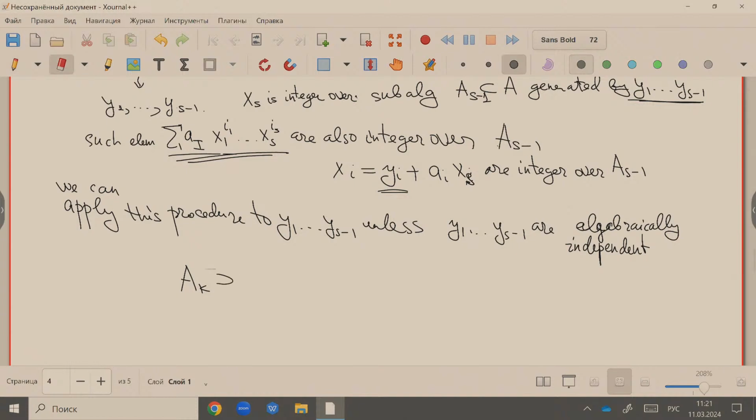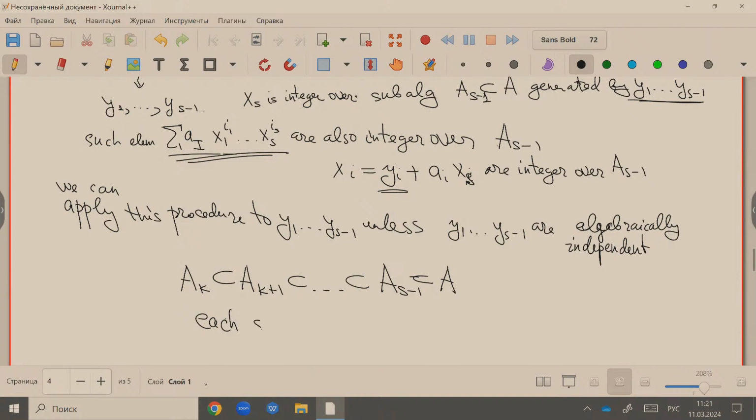It is contained in Ak plus 1, etc., in As, which is in As minus 1, and that is contained in A. On each step the previous algebra is integral over the next.